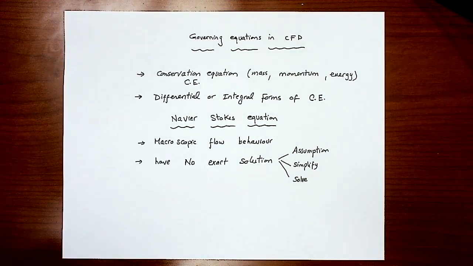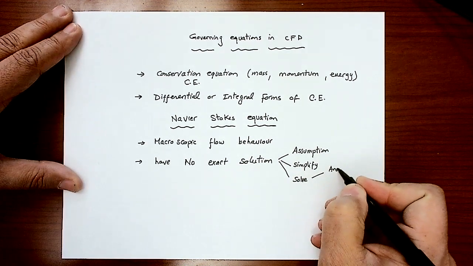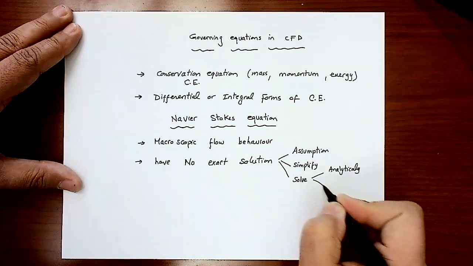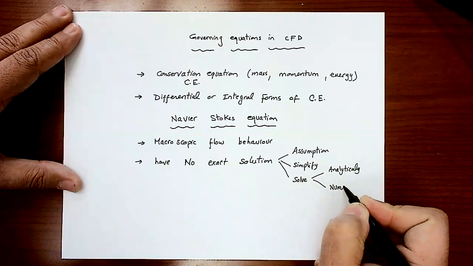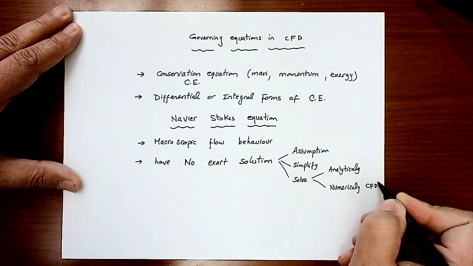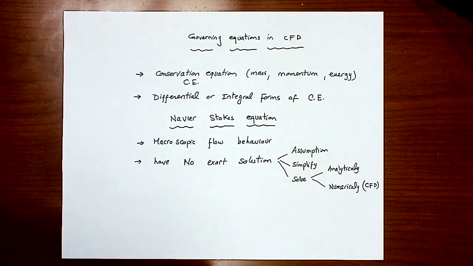After you make the assumptions and the simplification, you can either solve analytically or numerically. And that's our CFD work. But without these assumptions and simplifications, it would be impossible to solve the exact Navier-Stokes equations.